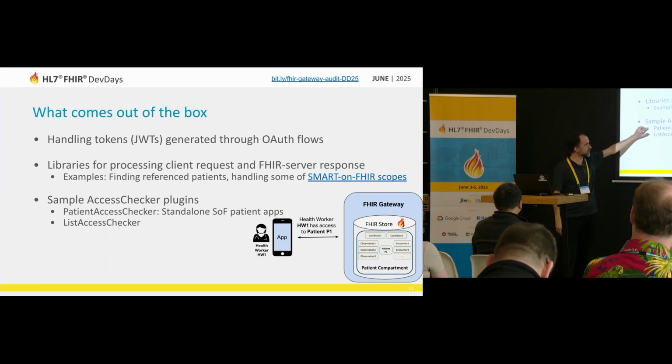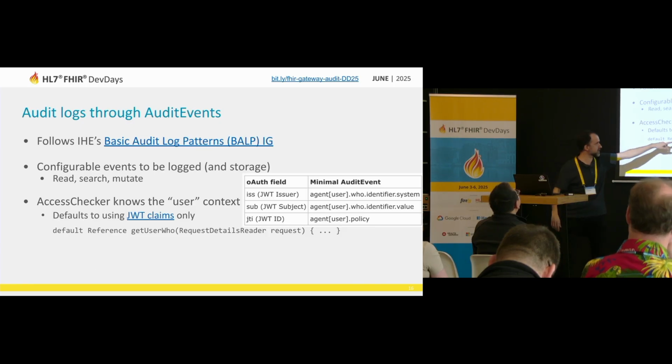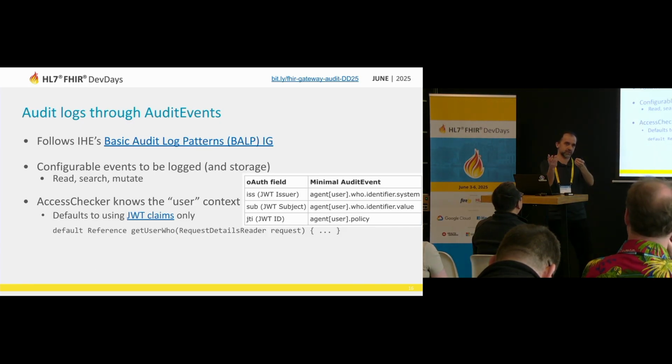We are updating these as well to have the get user who, and this would be a reference to the patient, and that's easy to extract. But if you don't implement that out of the box, it doesn't create a reference to the patient as the user. But we should update the default, out of the box access checker to do that, right?